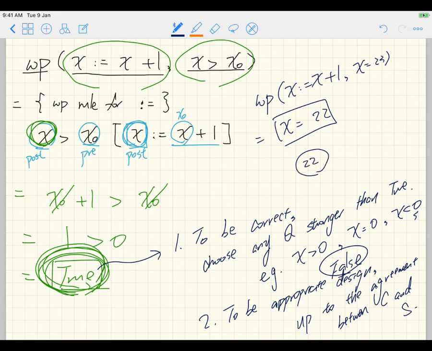Anything weaker than that is not going to be correct, right? For example, you might say x larger than or equal to 22. It's going to be something strictly larger, but it includes, for example, 23. That is not going to work, right? Good. Very good. Guys, any question about assignments here before we move on to something that's more interesting?